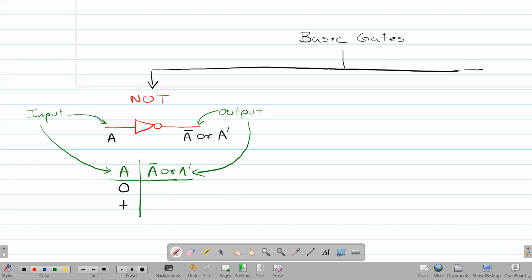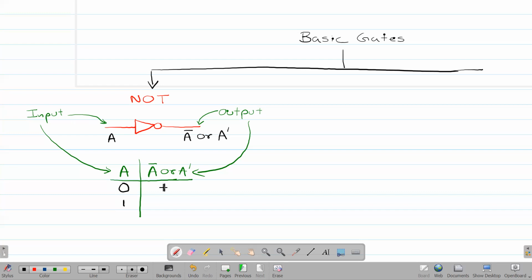The operation of the NOT gate is that it is capable of inverting the input. Inverting means making the input its opposite. That means when 0 is received at the input line, the output line will produce a 1.